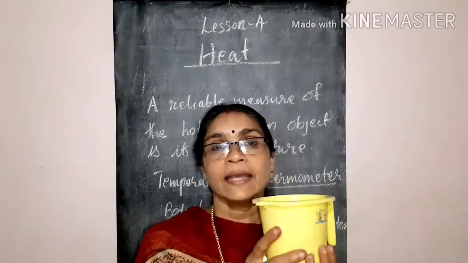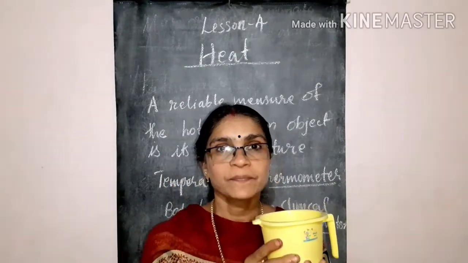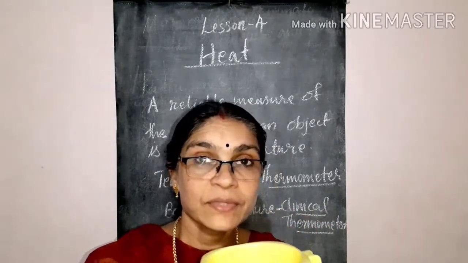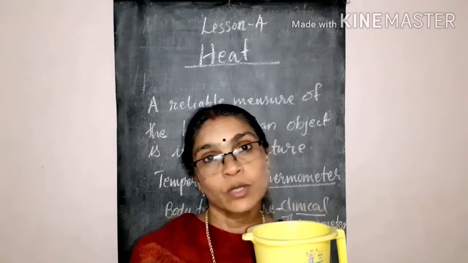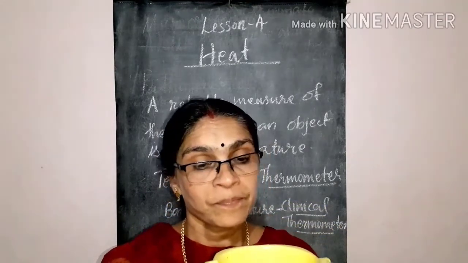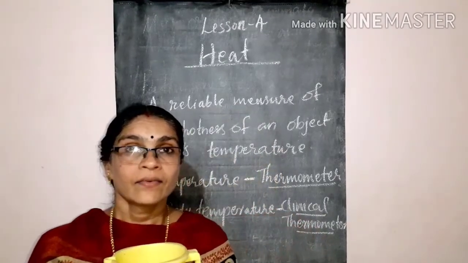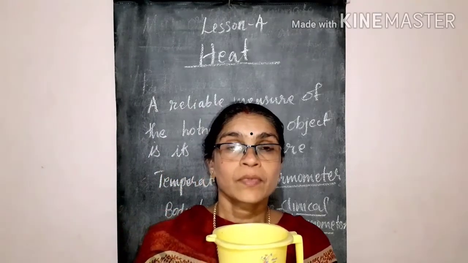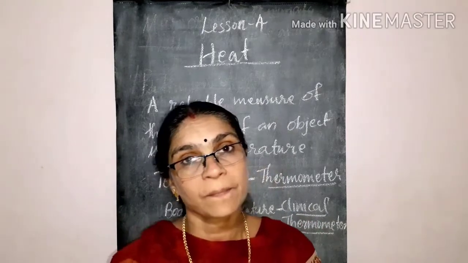In mug A, we have to take cold water, and the B mug, we have to take hot water, but do not take too much hot. Okay. And the third mug, C, we have to pour water by mixing cold and hot water.